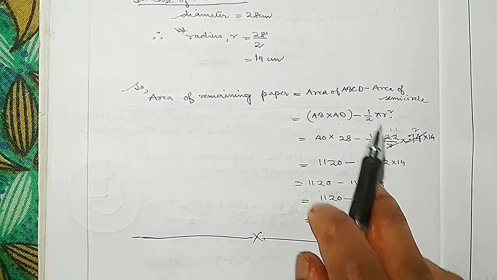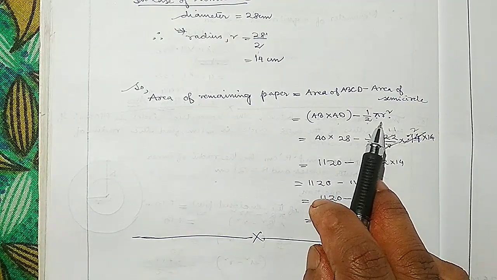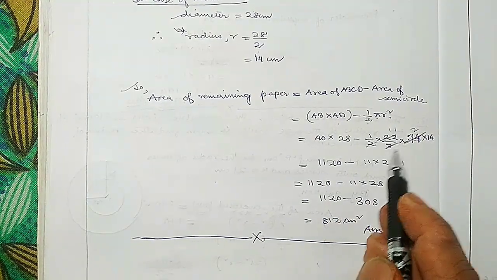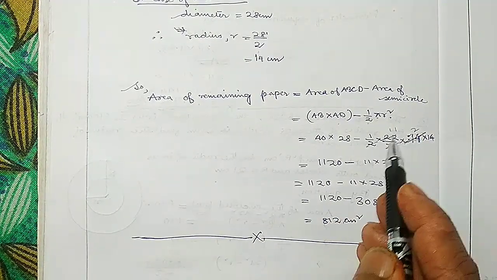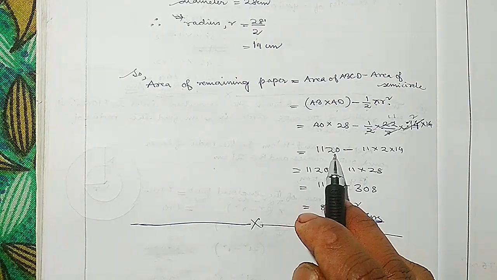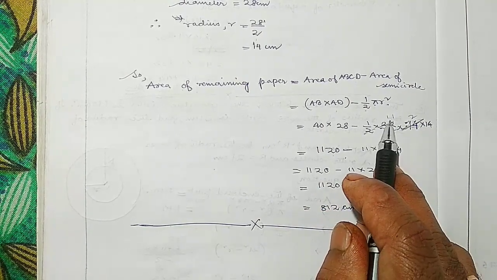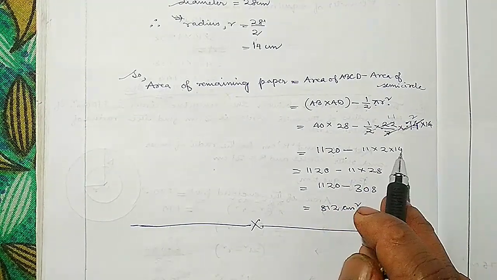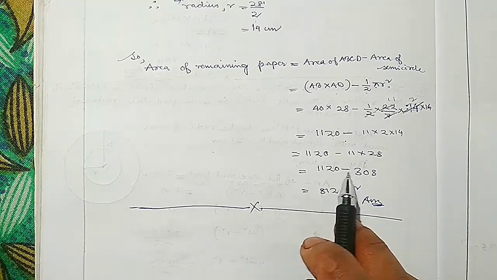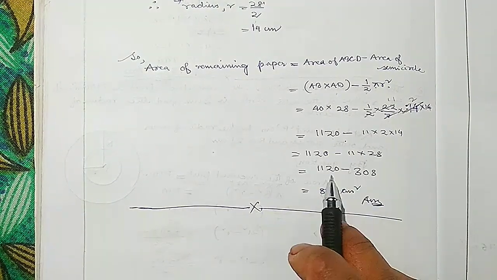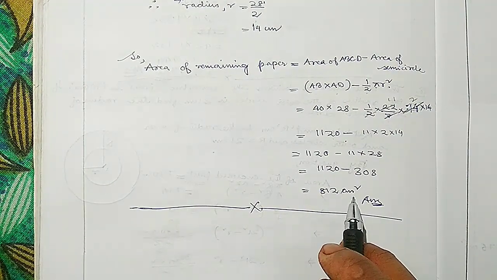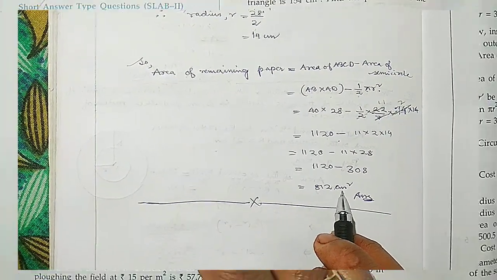Pi is 22 by 7 and radius is 14, so it will be 14 into 14. 7 twos are 14, 2 elevens are 22. So 40 into 28 is 1120, minus 11 into 2 into 14. On multiplying these three, we get 1120 minus 308. If I subtract, I get 812 centimeter square, and that's the area of the remaining paper.